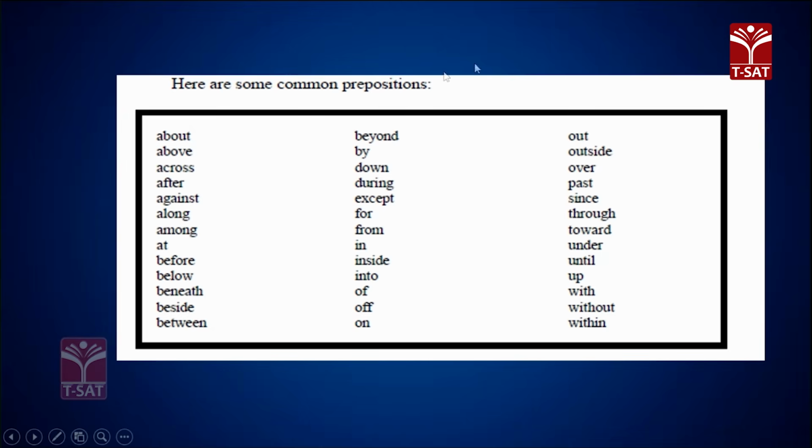So, these are the very frequently used prepositions for your examination reference.